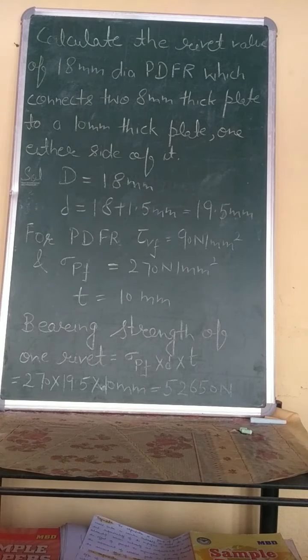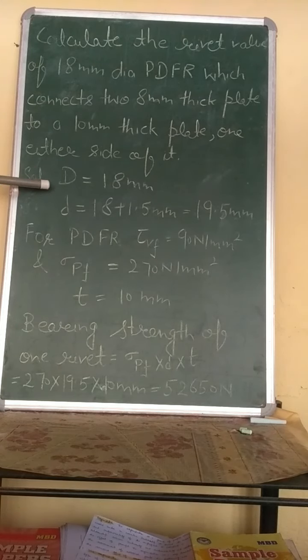In our next problem, we have to calculate the rivet value of 18 mm diameter PDFR, power driven field rivet, which connects two 8 mm thick plates and a 10 mm thick plate, one either side of it.